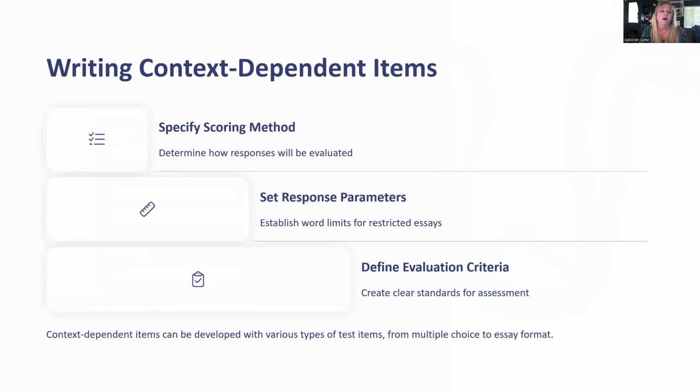Okay, writing context-dependent items. Specify the scoring method. You have to tell them what is expected and how you're scoring it. Set response limits, establish clear boundaries. You don't want a 4-page discussion on ethical dilemmas.